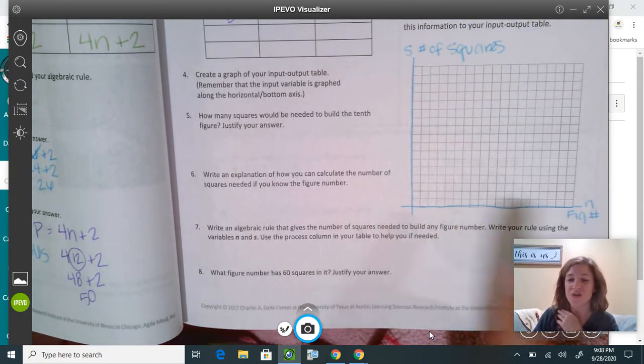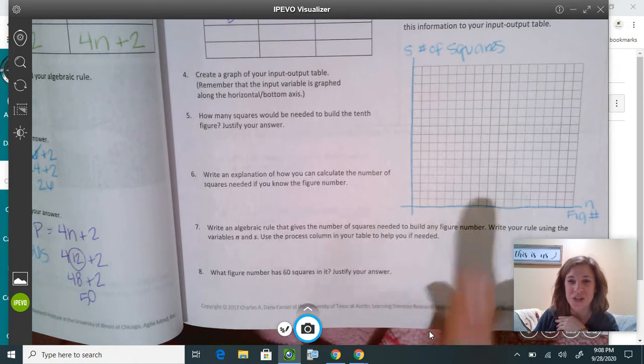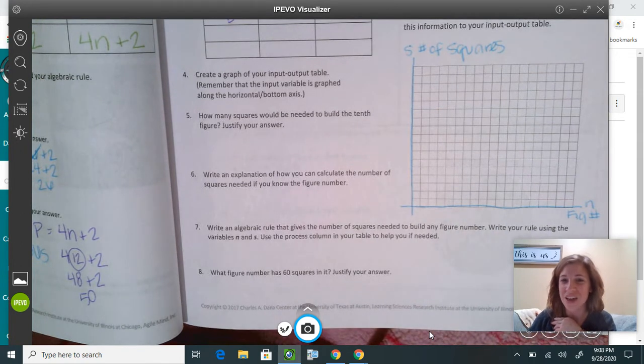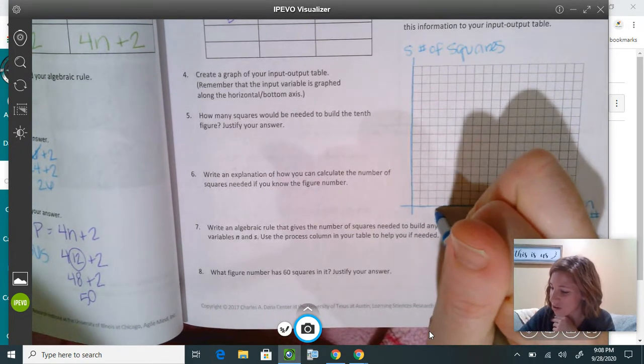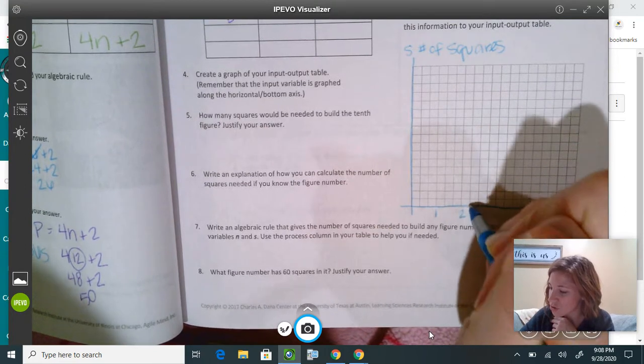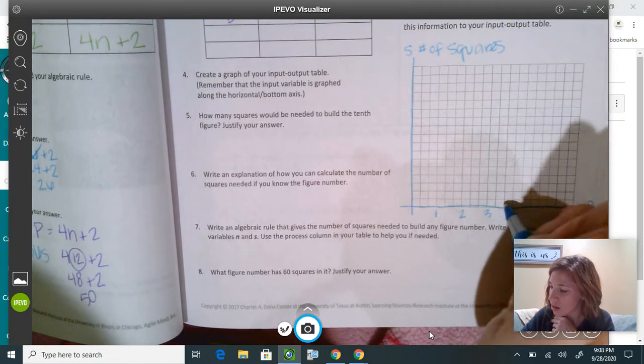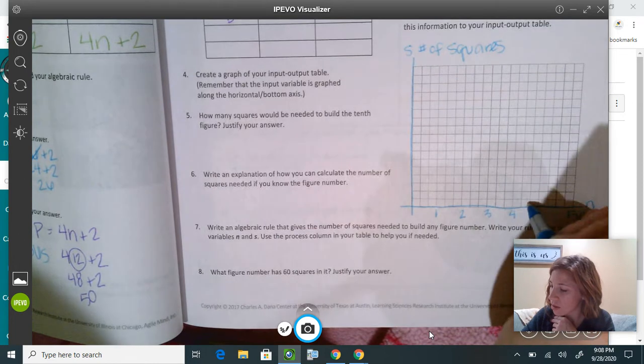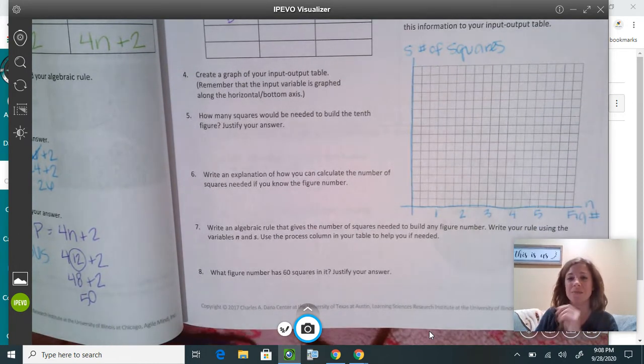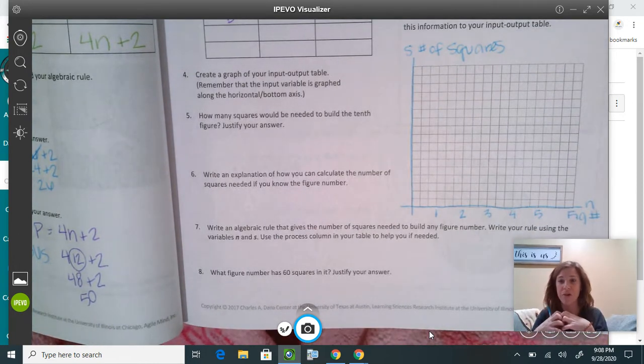Our figure numbers are just going up by ones. 1, 2, 3, 4, 5. Space it out. We don't want to cram our graph into a teeny tiny bit of space.